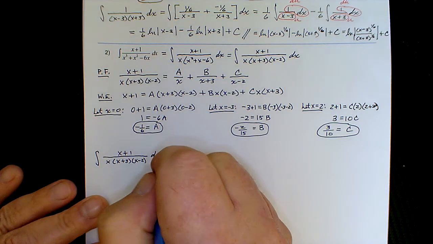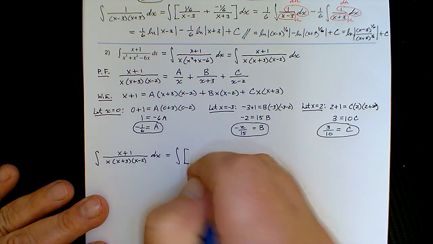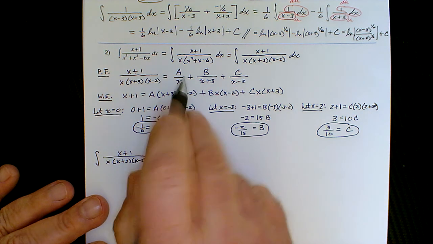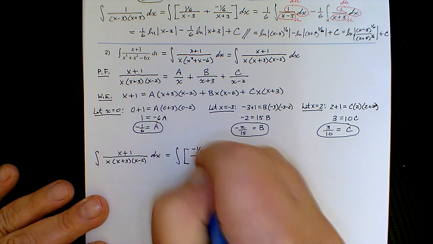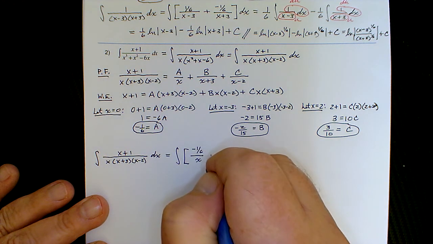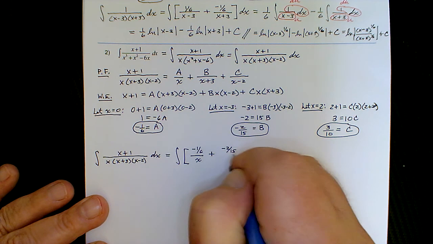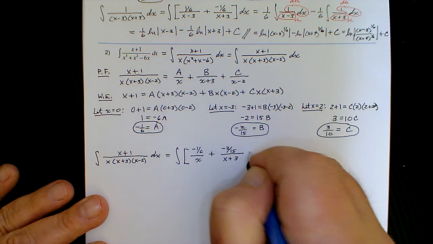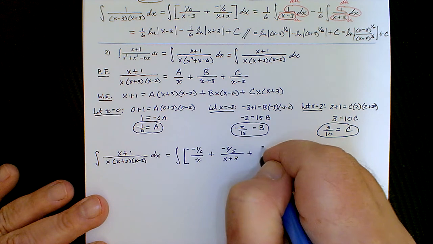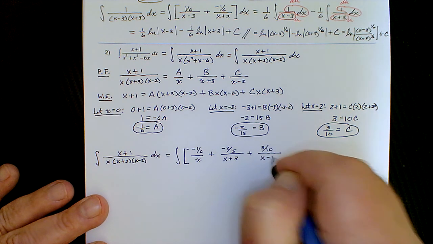And then into the partial fraction decomposition, we have the integral of, okay, back up here, a over x, so we'll replace a, negative 1/6 over x, plus b, that's negative 2/15 over x plus 3, and then plus c is 3/10 over x minus 2.